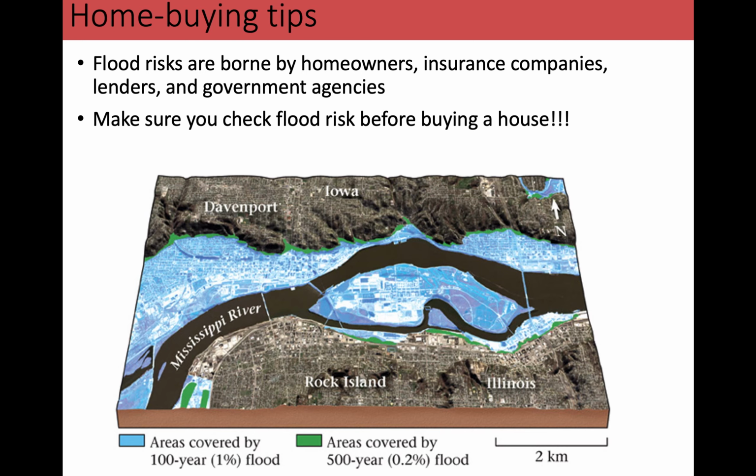If you are buying a house that's maybe within the 1,000-year flood zone, you'll have a better chance. So beware, it can be very dangerous to buy waterfront property or nearby water property, not just coasts, but rivers. Rivers actually probably are worse. So make sure you check your flood risk before you buy a house.